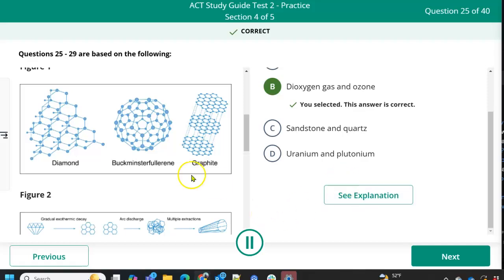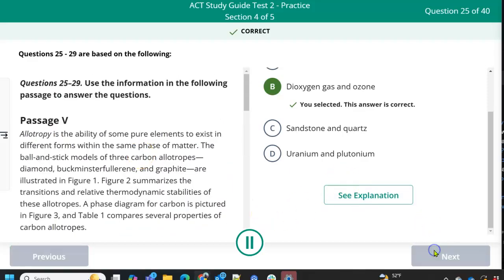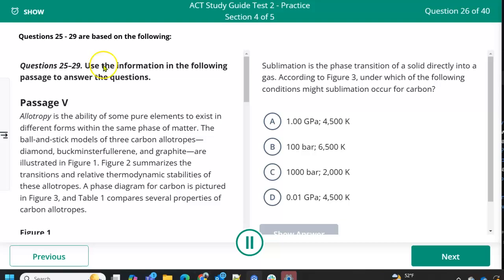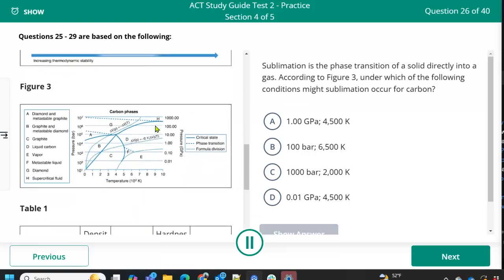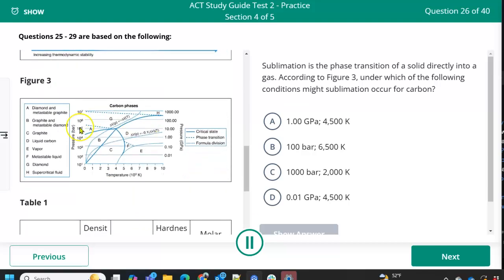Okay, good. Sublimation is the phase transition of a solid directly into a gas. According to figure 3, under which of the following conditions might sublimation occur for carbon? All right, well, let's take a look here. Did we already look at this?